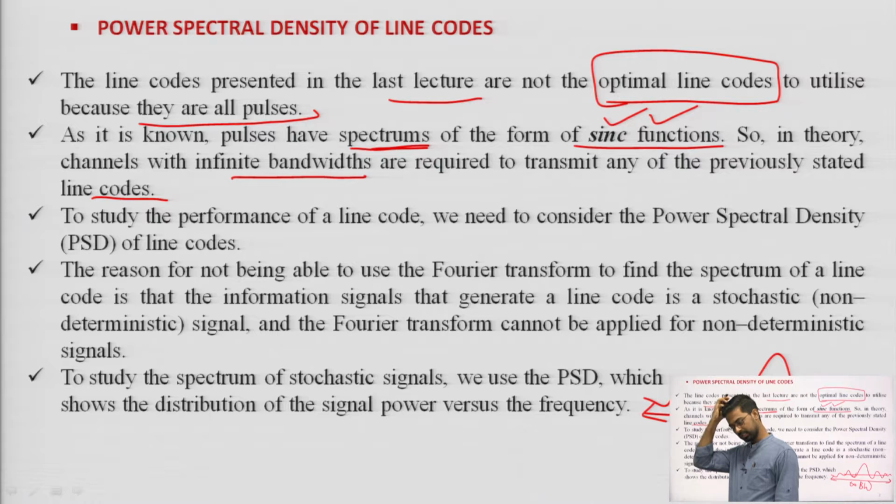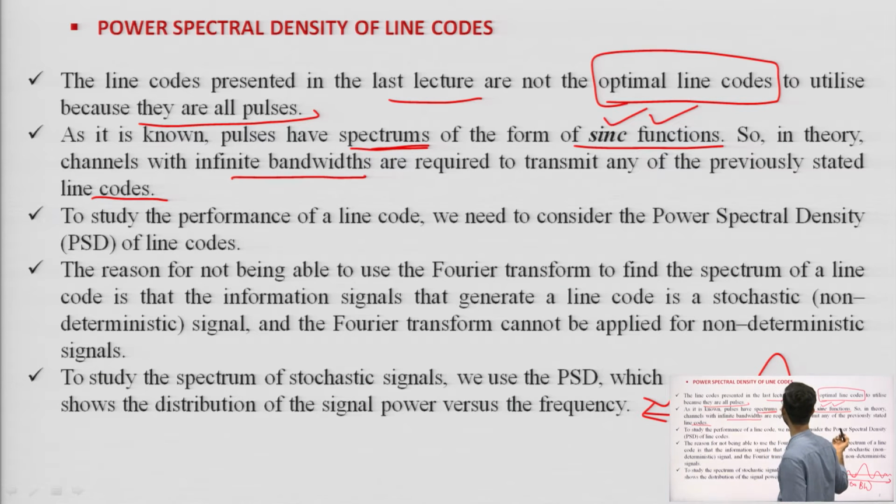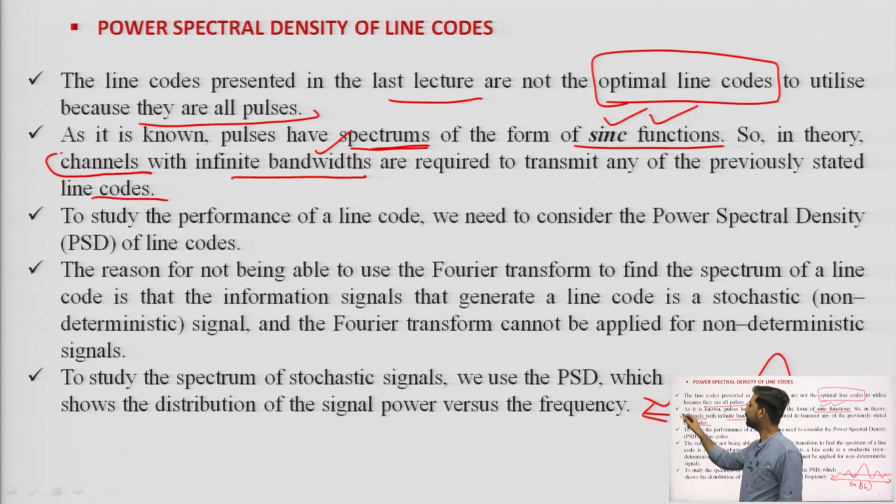So, this is not a feasible way to transmit the signal in a channel with infinite bandwidth. We don't have channels with infinite bandwidth. Okay, so that's why we have to convert this signal to a finite bandwidth with respect to the channel bandwidth.